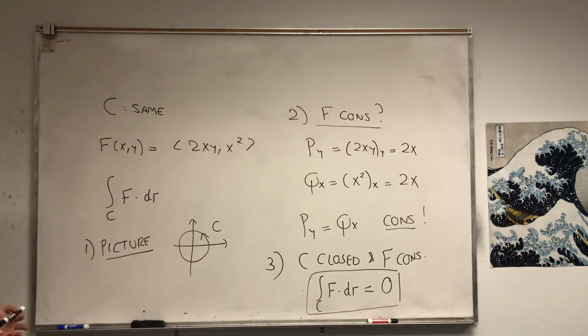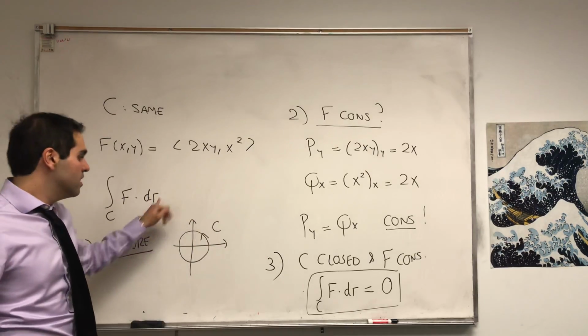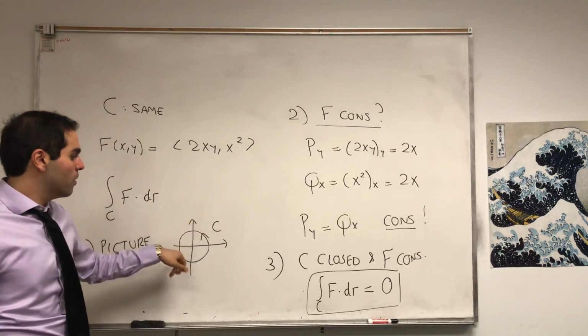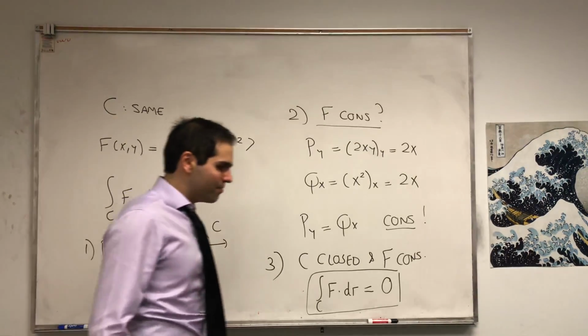And that's in some sense because the vector field doesn't rotate around C, so in some sense the general contribution of F over C is just 0.